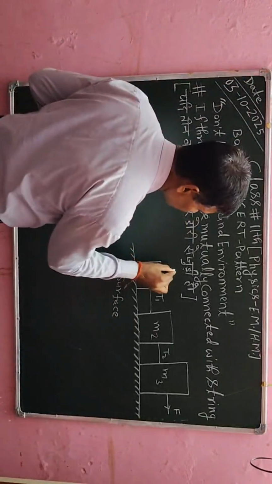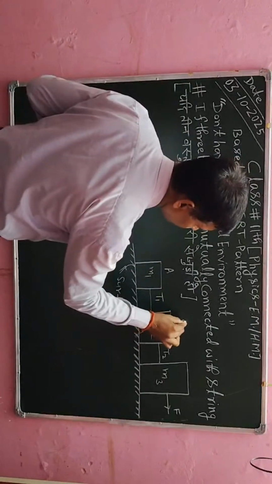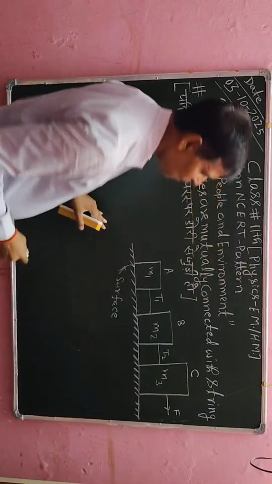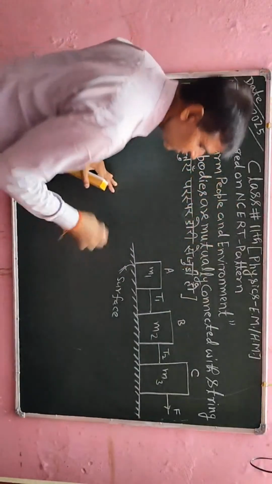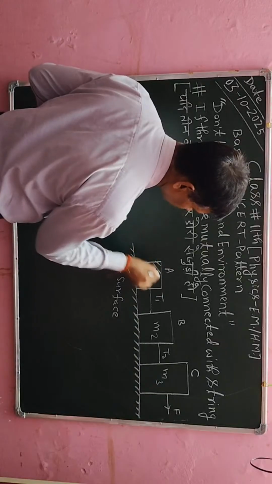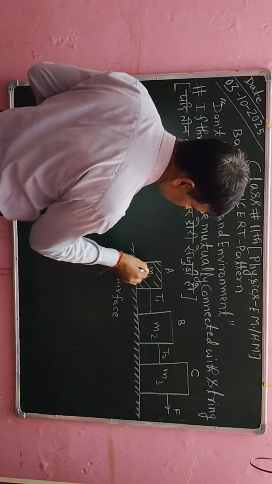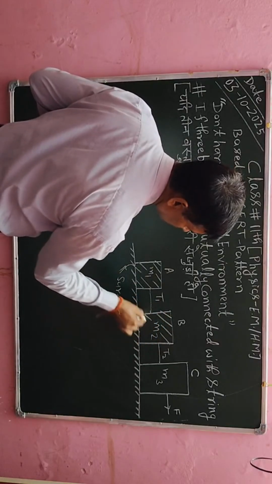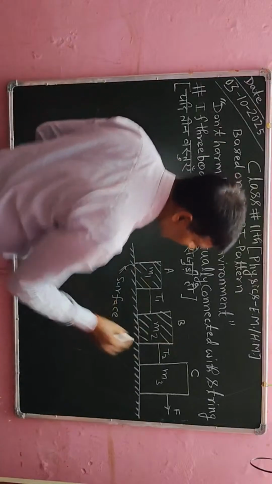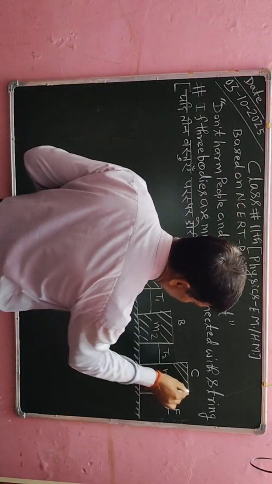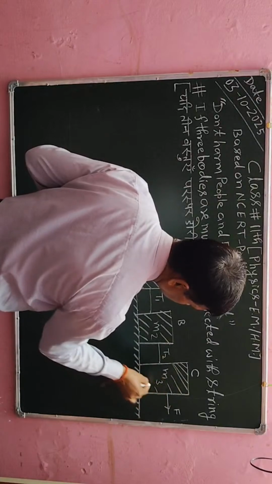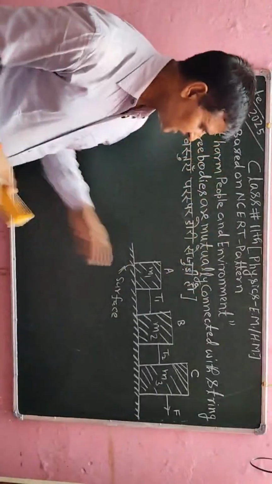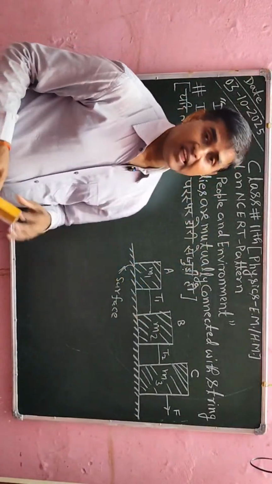This object name is A, this object name will be B, and this object name will be C. All these three objects are moving on a horizontal plane. Here I am hatching this body, similarly I will also hatch this body, and this is body 3. All these three bodies are moving in a forward direction.